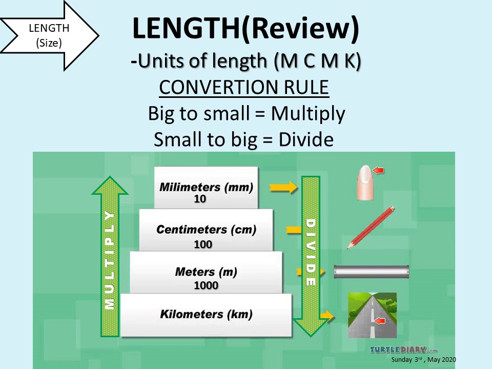Small to big, divide. Now, we also have the conversion blocks here. Moving from a bigger block to a smaller block, like kilometers to meters, meters to centimeters, or centimeters to millimeters, you multiply. And coming from a smaller block to a bigger block, you have to divide.